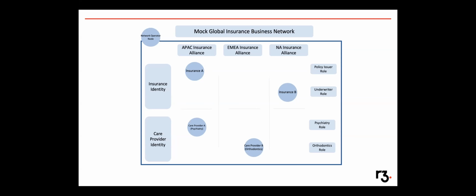But within the medical service, there are so many services each company will do. For the insurance, there's the policy issuer role, or the underwriter role. For the care providers, as noted in the note, there's the psychiatry role, or the orthodontics role.